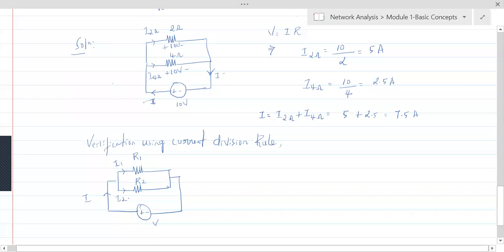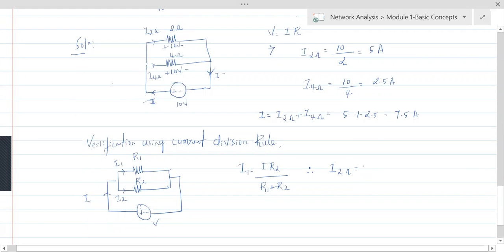In this case, I1 is given by the total current into the resistance of the other branch, R2, divided by the sum of the resistances. Is everybody okay with that?